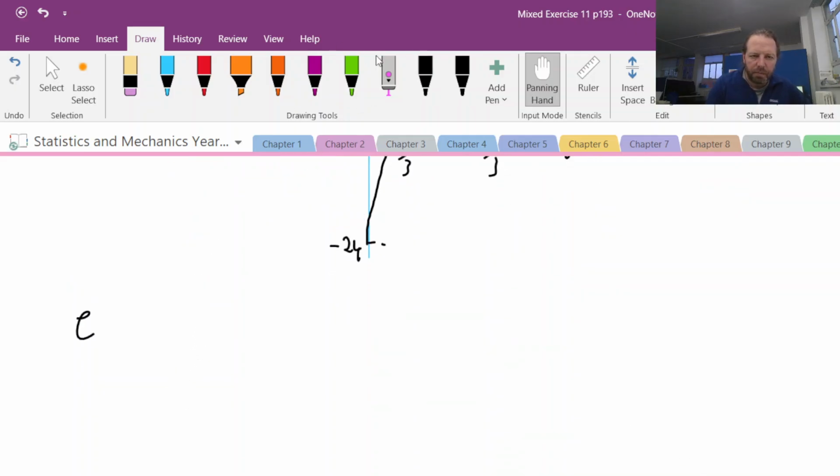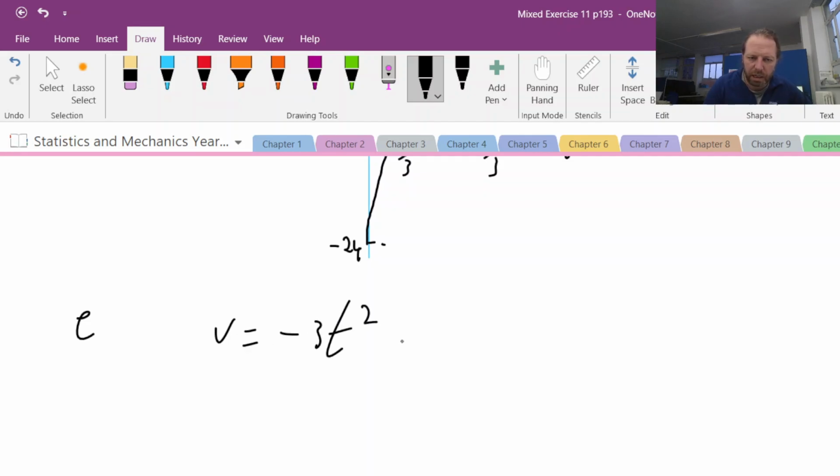We want to say v is equal to minus 3t squared plus 22t minus 24. And we want to say when is that greater than, what was it, greater than 16.